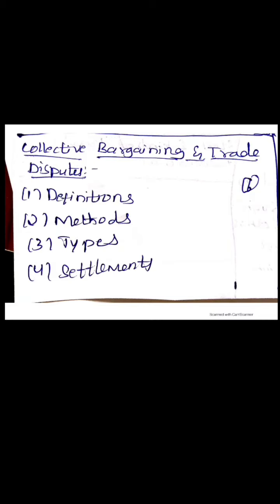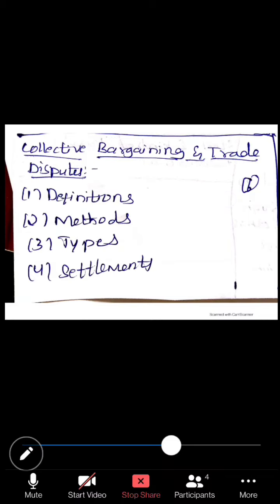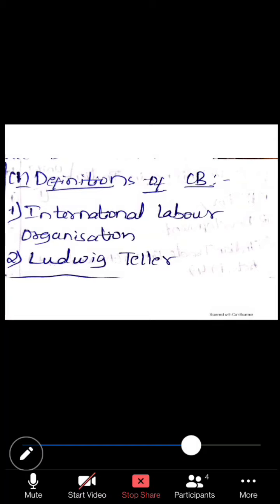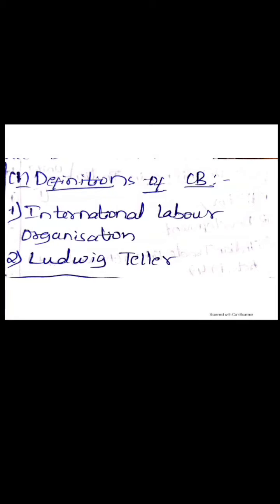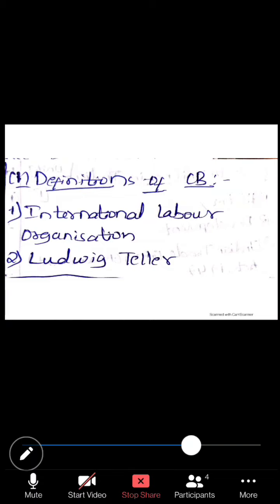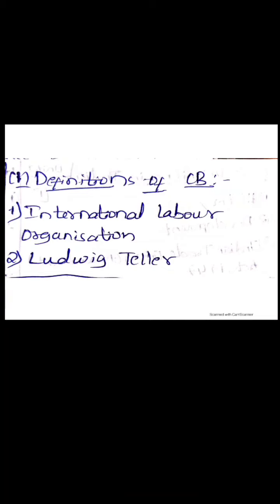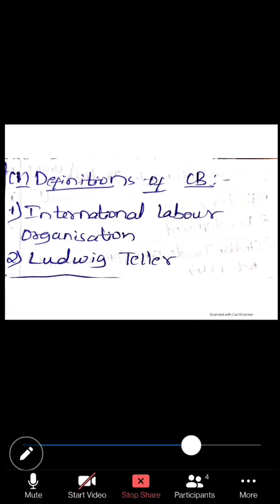So, what is collective bargaining? It has two definitions. One is given by the International Labour Organization. Say, in simple terms, collective bargaining is a negotiation between employer and workmen to solve the dispute. That is the simple definition.